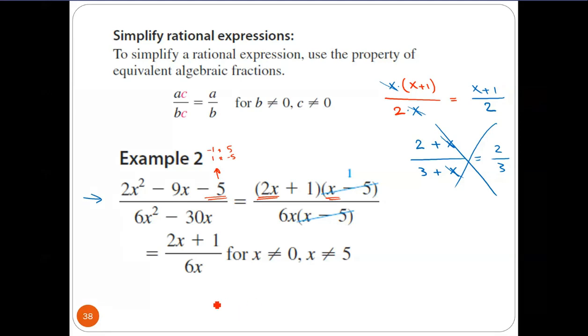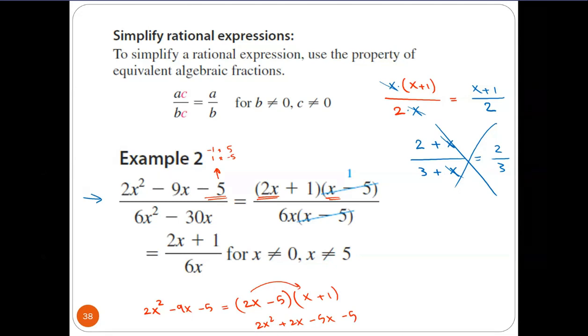This is correct. Look at this, 2x squared minus 9x minus 5. If some student puts 2x minus 5 with x plus 1, for example, look at this, 2x multiply x, 2x squared, 2x multiply 1, 2x, minus 5x, minus 5.